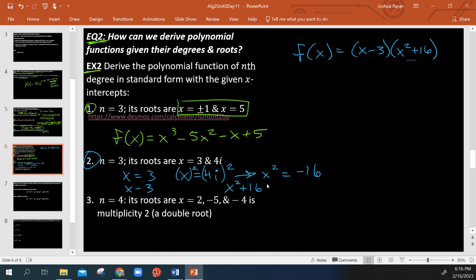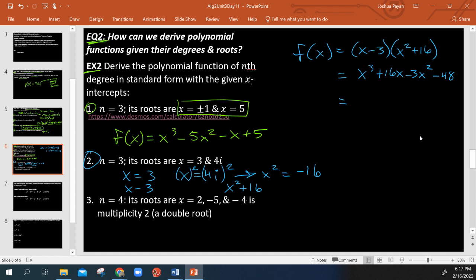Okay, so from that, we have 3 intercepts or roots. Okay, so it still holds true. So again, I'm going to FOIL x times x squared, x to the third, right? So that makes sense, right? x times 16, 16x, minus 3x squared, and then minus 48.